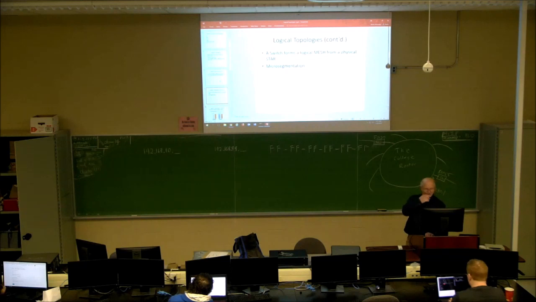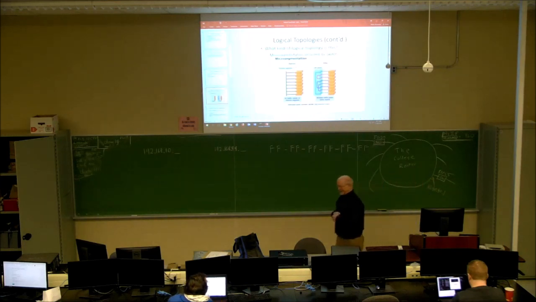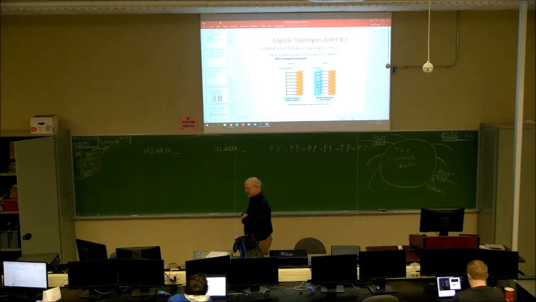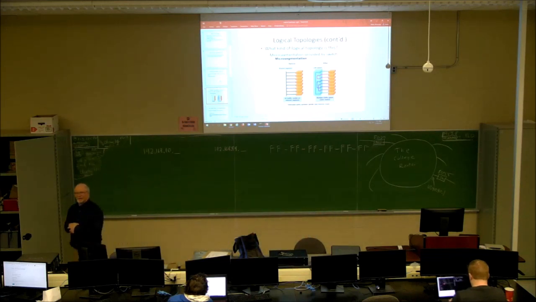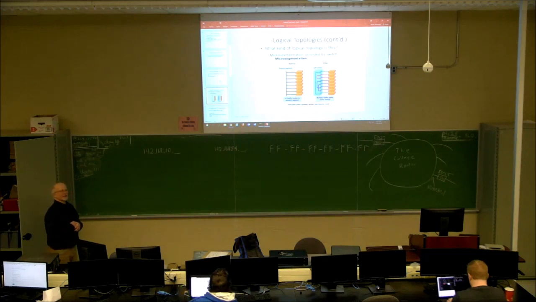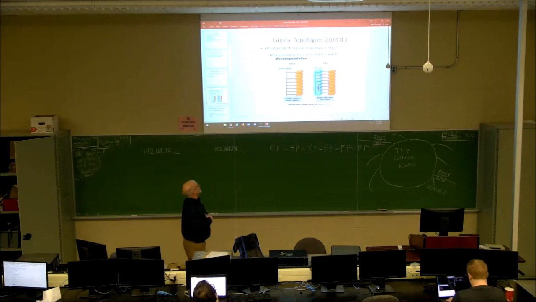And a switch forms a logical mesh from a physical star. We have this term called microsegmentation. That's the idea of what a switch does as part of its job. It forms logical connections between devices using that wonderful MAC address.